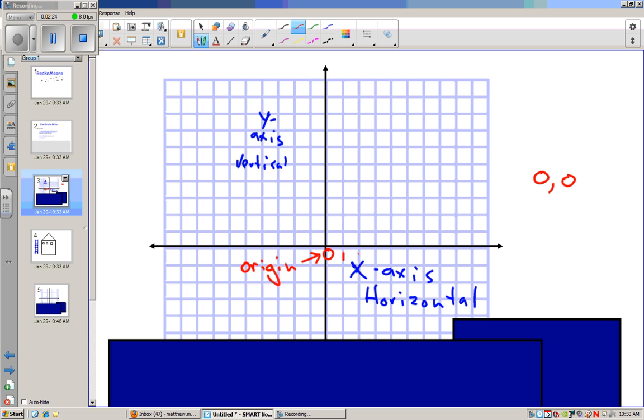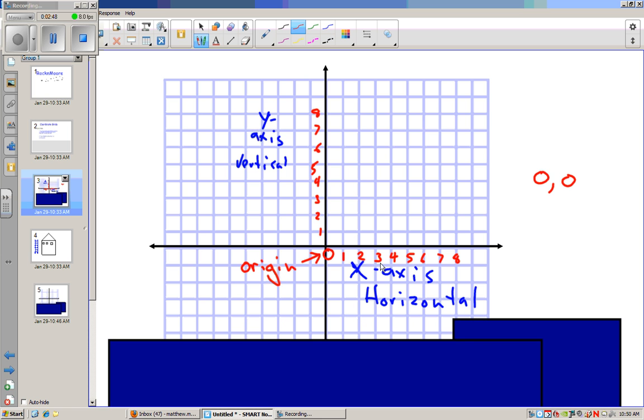And then going across, we'd have 1, 2, 3, 4, 5 for each of these lines going across. And then same going up, 1, 2, 3, 4, 5, 6, 7. So we use these numbers in order to create ordered pairs so that we can figure out where to plot points. So a lot of different terms there that you should be able to know.